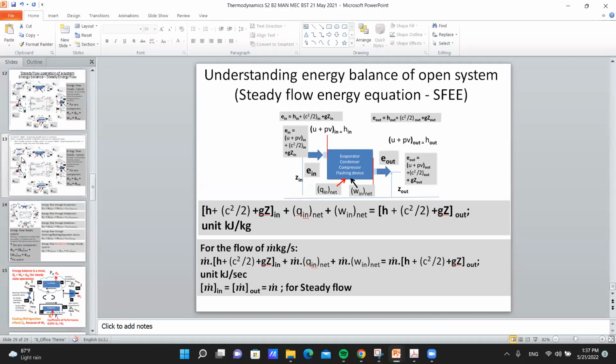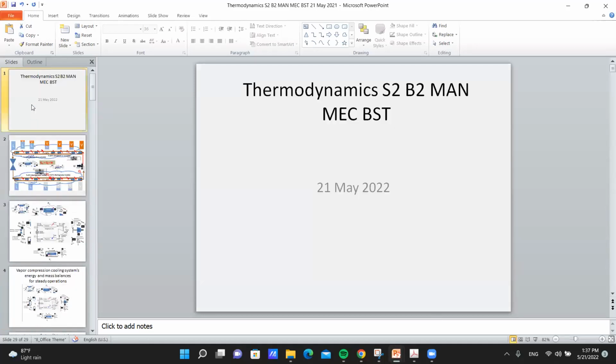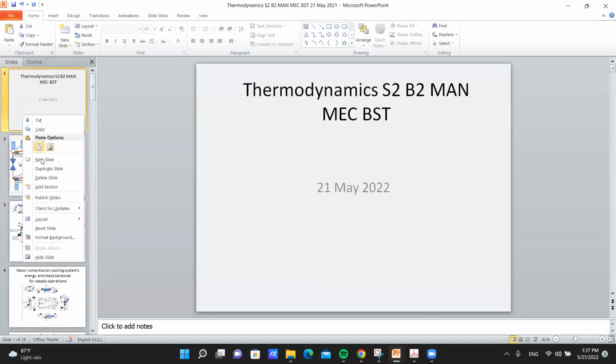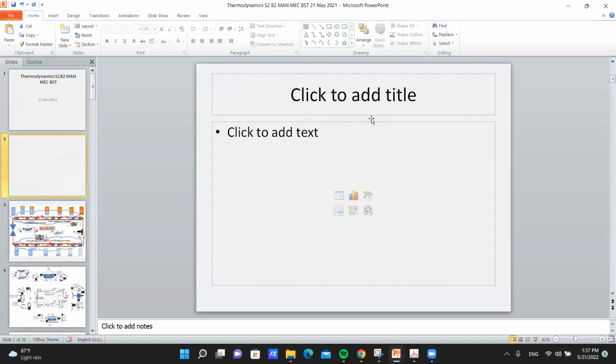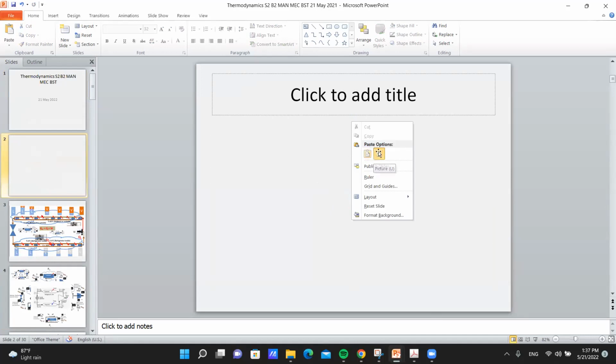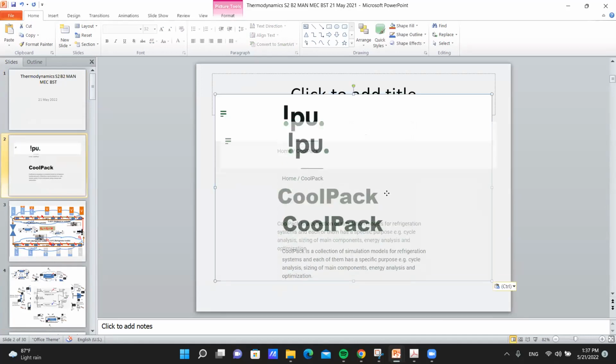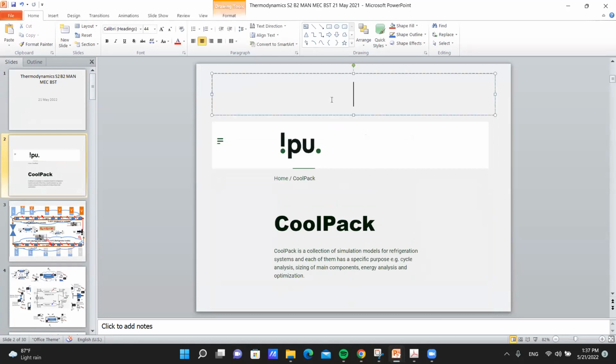And I will paste it here. Coolpack. Download.